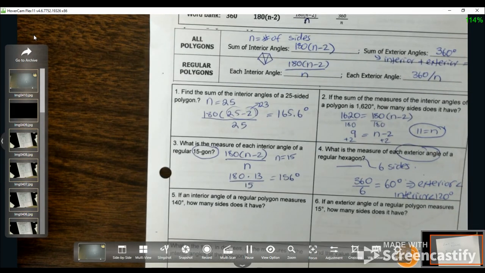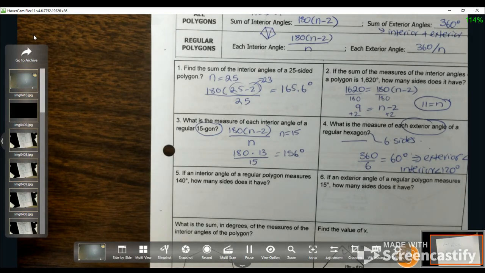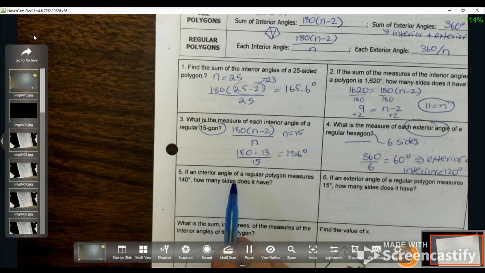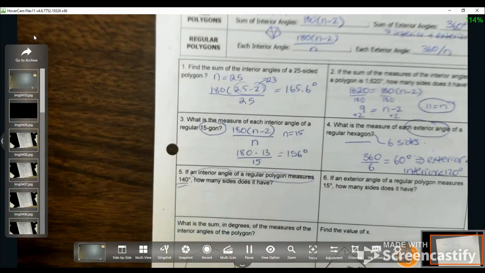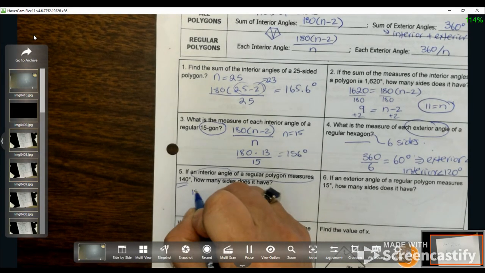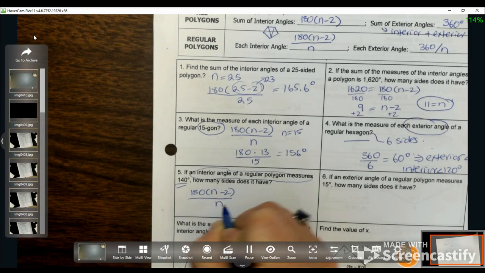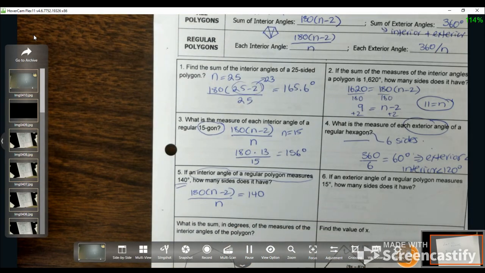Okay. Number 5, if an interior angle of a regular polygon measures 140 degrees, how many sides does it have? There's a couple of ways to do it. If the interior angle of a regular polygon measures 140, that means I'm going 180(n - 2) divided by n is equal to 140. Okay.